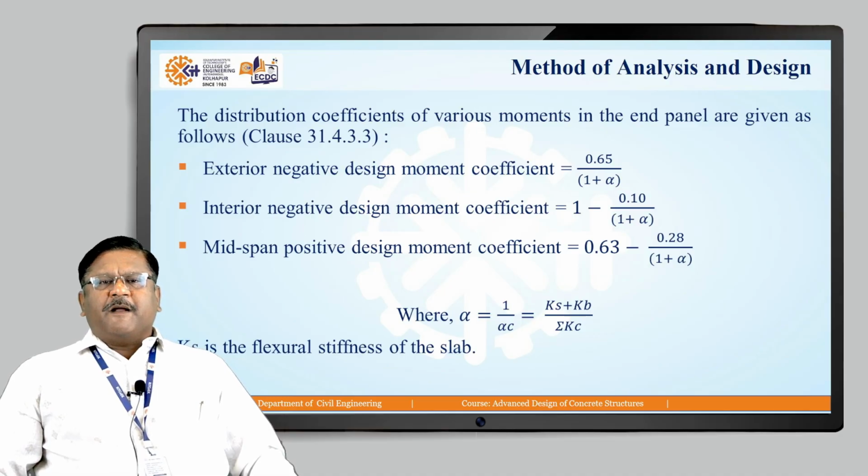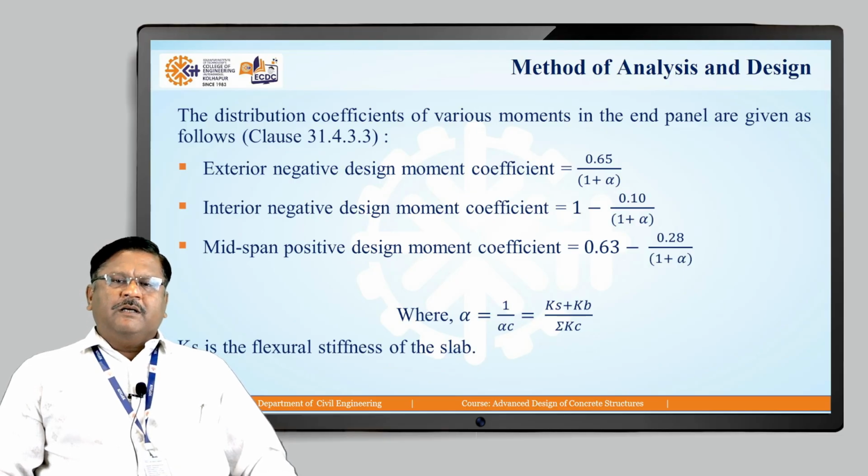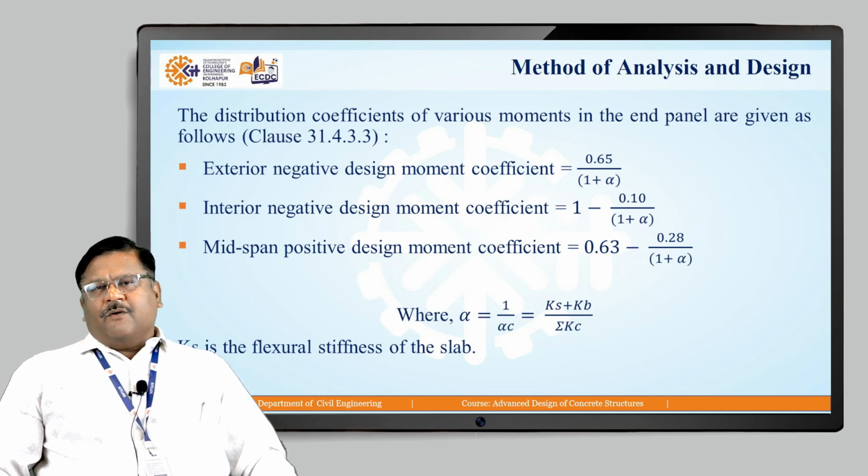And last, mid span positive design moment coefficient is equal to 0.63 minus 0.28 upon 1 plus alpha, where alpha is equal to 1 upon alpha c, that is Ks plus Kb upon summation of Kc. Ks is nothing but the flexural stiffness of the slab. Now, what are the equations, what are the notations and what are the calculations we will discuss while designing the external panel slab.